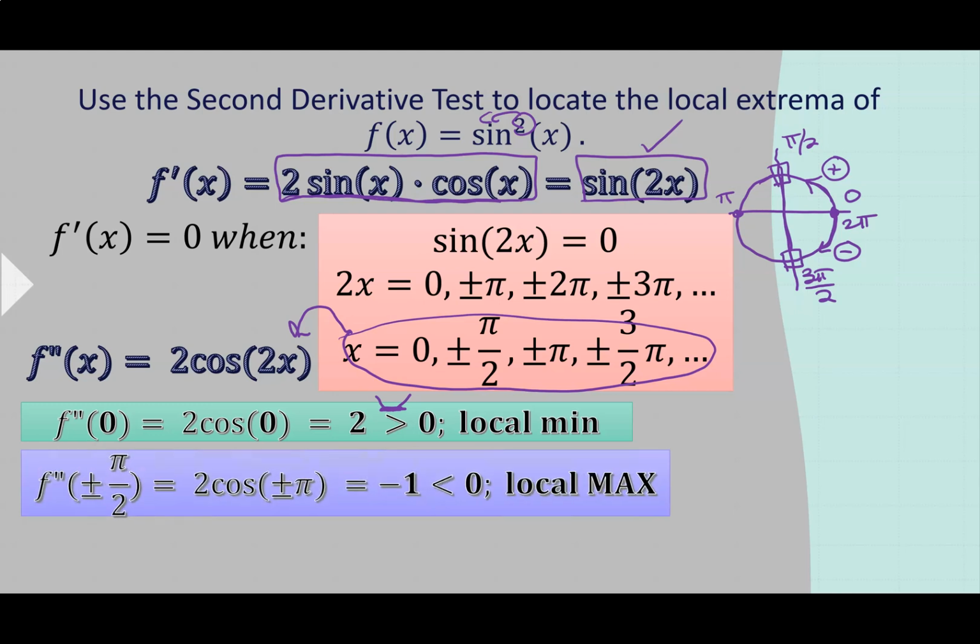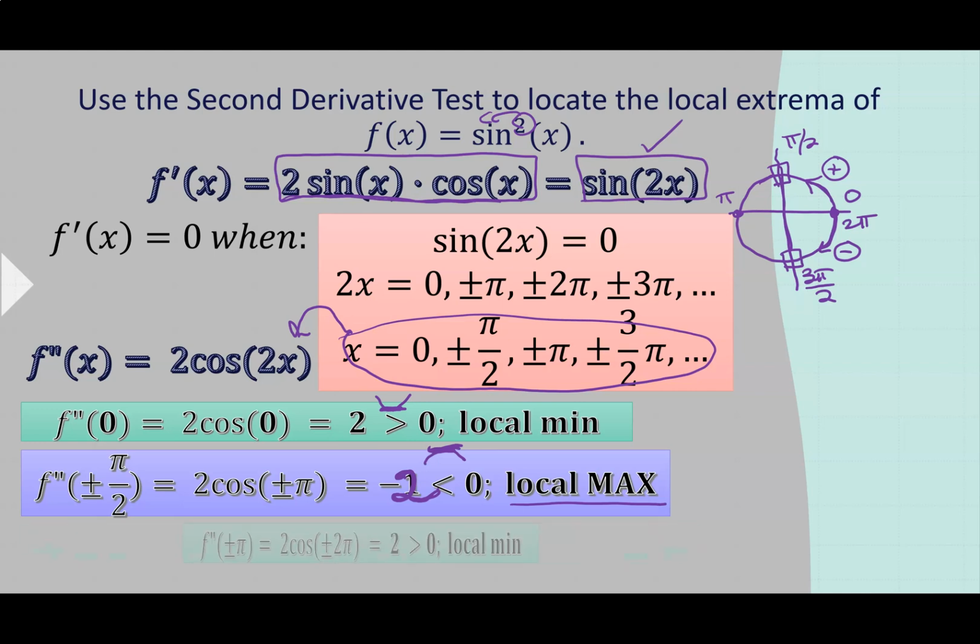And then when we plug in either positive or negative pi over 2, the cosine of pi is -1, times 2 is -2, which is a negative number. A negative number means it concaves down for the second derivative. So that point right there is what we call a local maximum.